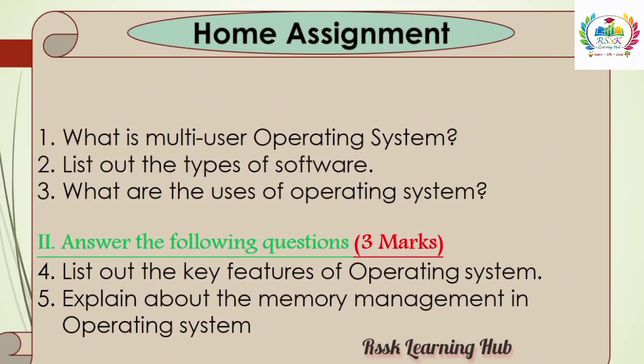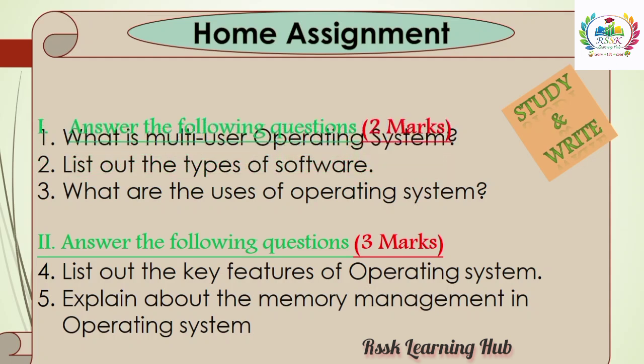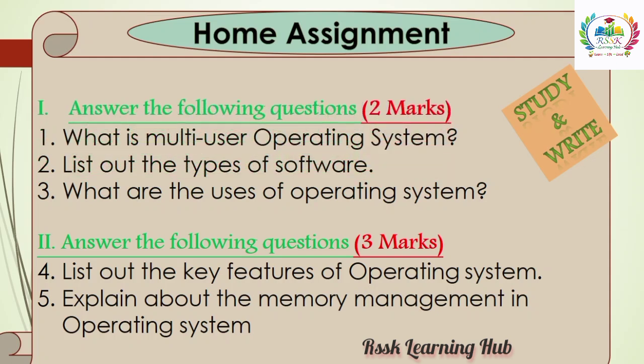Now we will see your home assignment under this session. First question under 2 marks, what is a multi-user operating system? Second one, list out the types of software. These are 2 types of software, system software and application software. That you have to write here. What are the uses of operating system? Okay, so the first 3 questions carry 2 marks.